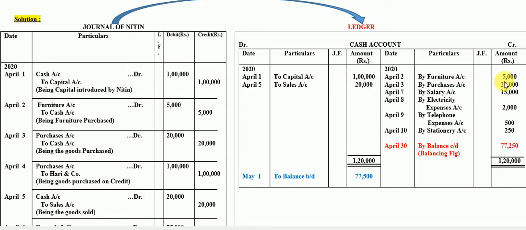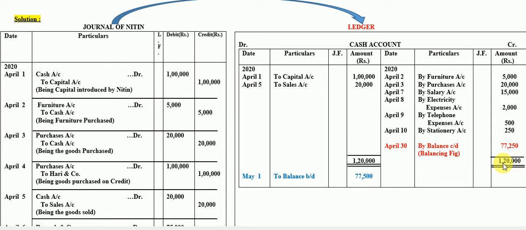And if we sum up all the credit side balances, that is 5,000 plus 20,000 plus 15,000 plus 2,000 plus 5,000 plus 250, the result of this addition is 42,750. Got it? So we'll write this much amount, that is 1,20,000, the maximum amount, on both the sides, that is 1,20,000 and 1,20,000.